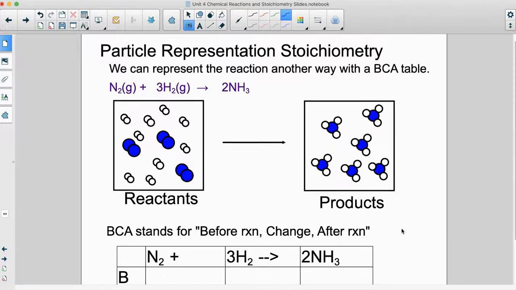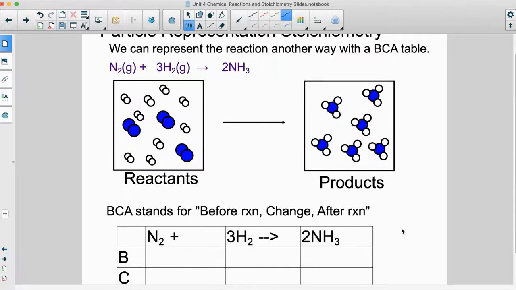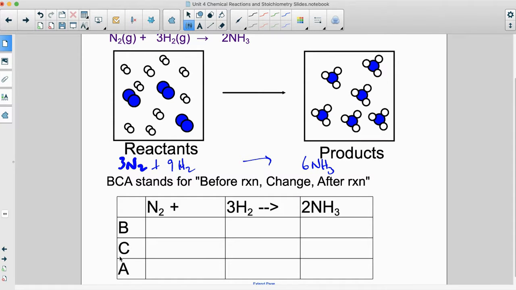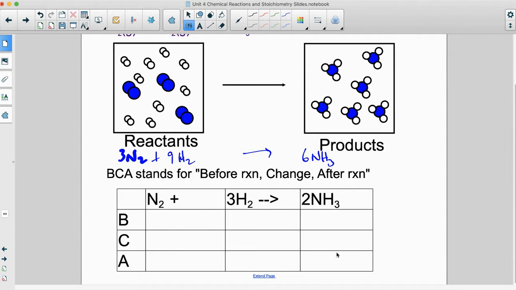Another way to represent this reaction: here we have again our 3 N2s plus our 9 H2s forming 6 NH3s. We're going to be using something called a BCA table to represent what is happening in a chemical reaction before, during, and after it proceeds.